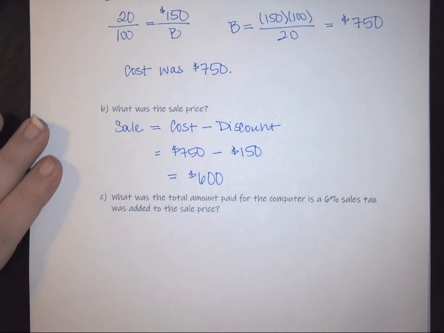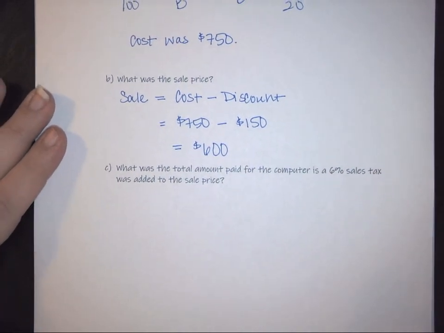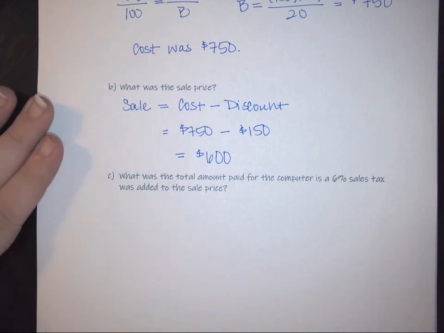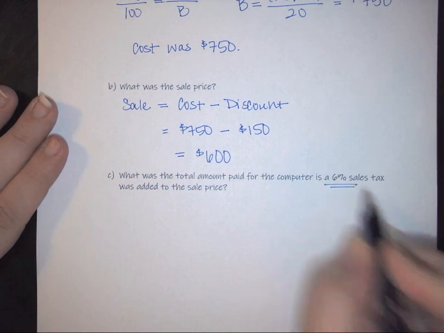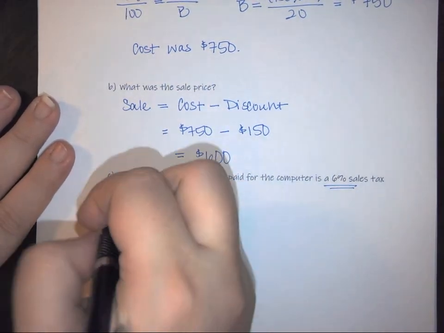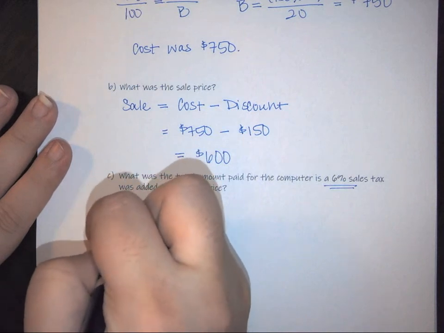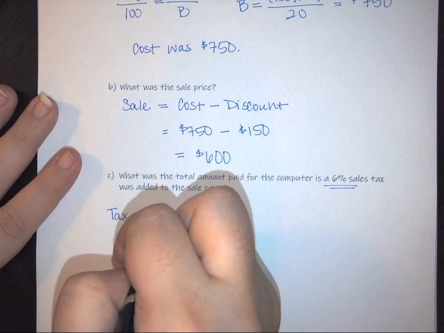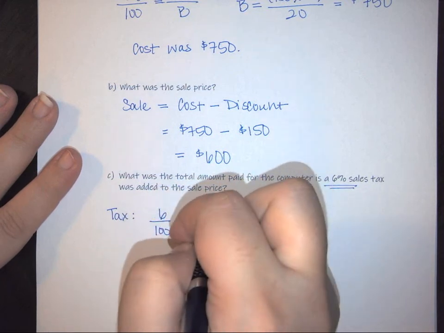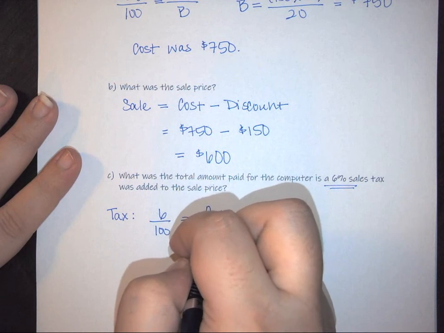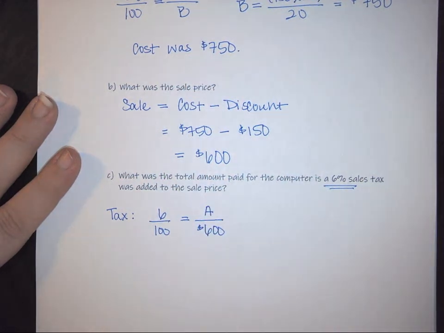Now the last part says what was the total amount paid for the computer if a 6% sales tax was added. So here we've got 6% sales tax. So we have to figure out how much tax. So my tax is going to be found by taking the percent over 100 and figuring out how much that is when I'm paying $600.